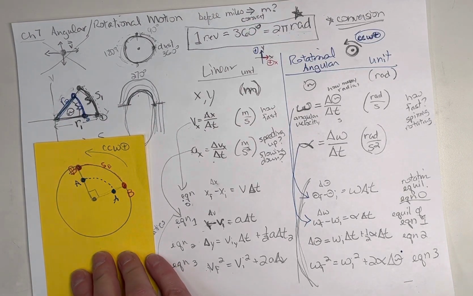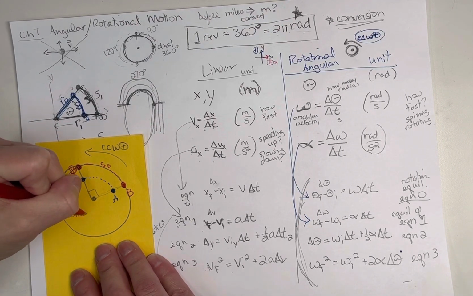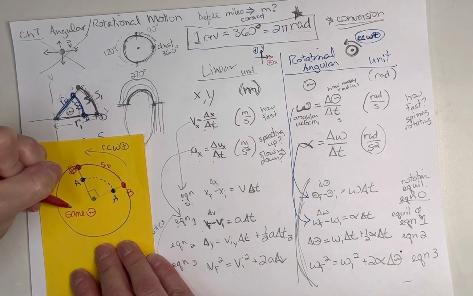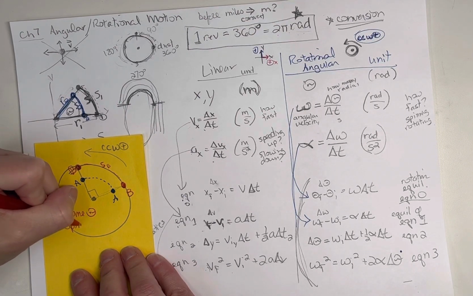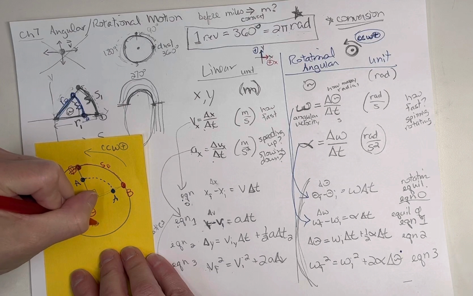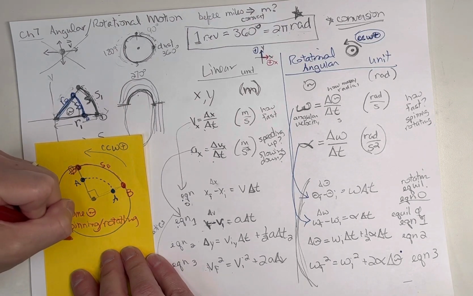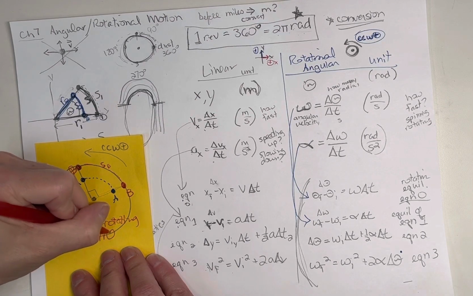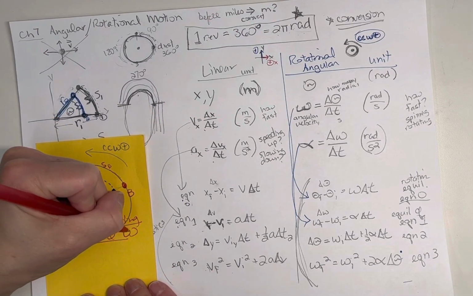So what I know is that they're rotating through the same theta, the same number of degrees, yes, and they are spinning or rotating at the same speed. They're rotating at the same angular velocity.